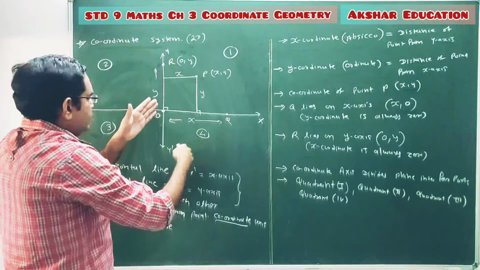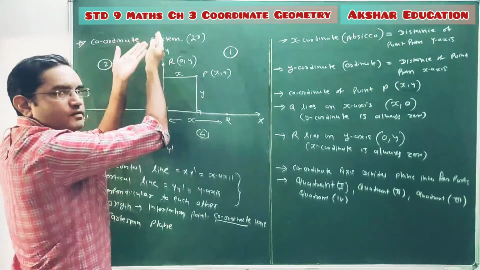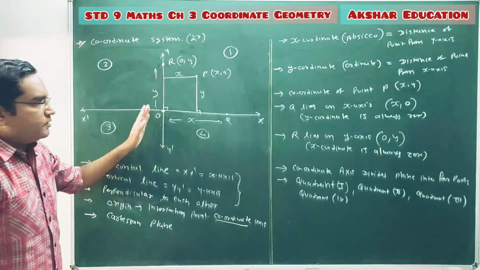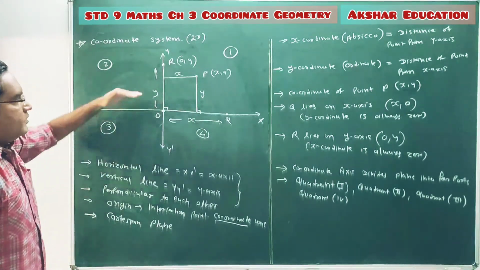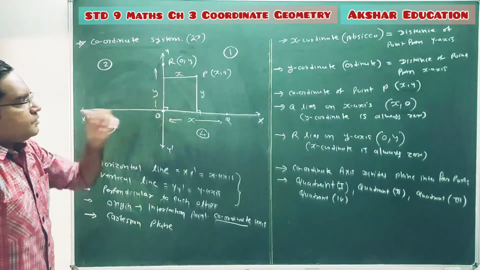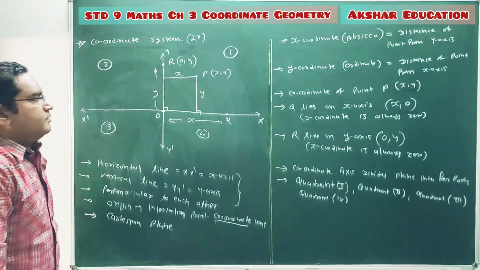So right, left, upward, and downward. How many directions are there? 4 directions. Clear? So this is our quadrant.